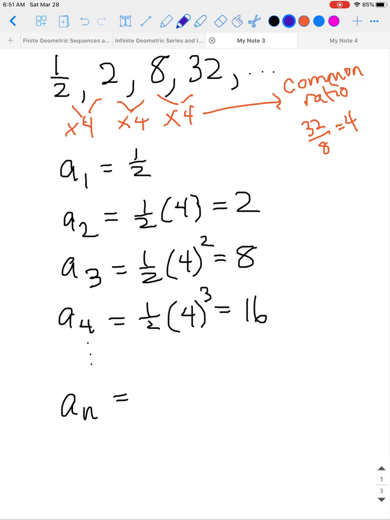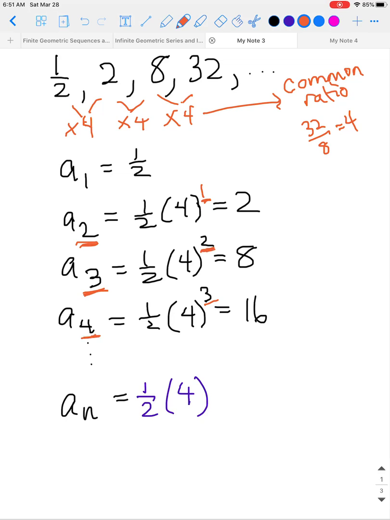So I think we can see the basic structure, which is that we're going to have our first term, which is 1/2, times the common ratio. And then, for each given term, the number of times I multiply by the common ratio is 1 less than that term. So if it's a sub 2, then it's going to be 1 time.